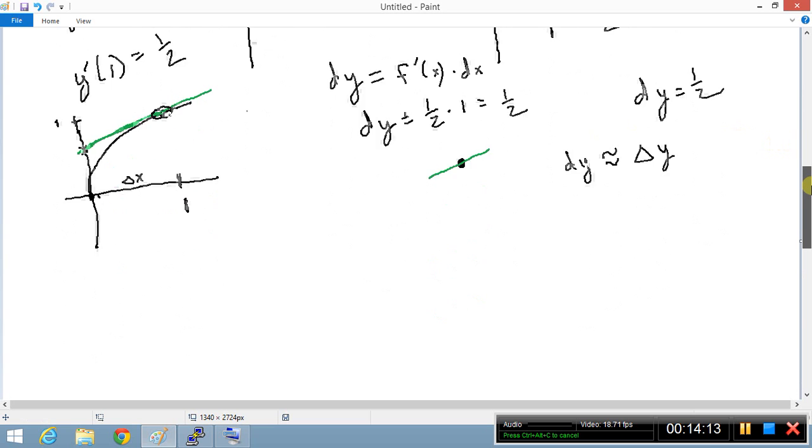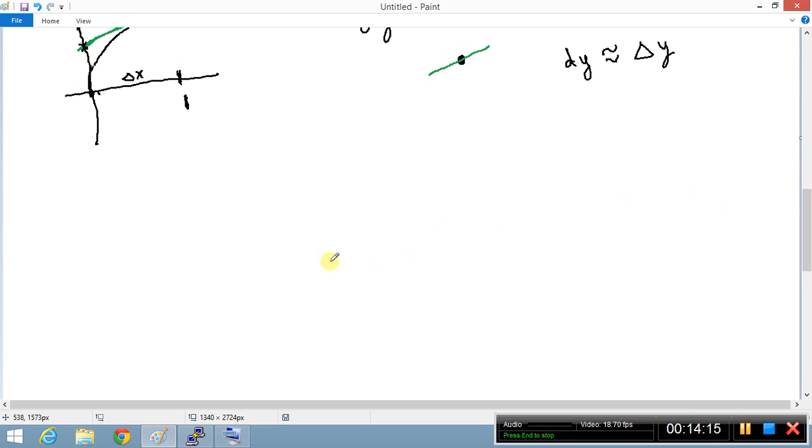Okay, notice what happens if we take the delta x on the other side. It's the same kind of thing. Nothing fancy, nothing surprising. Our function is still going to look like this. Except here's our 1, and now if delta x is taken this way, then here's our delta x, which is still 1, and that's the same as dx. Our point is here.